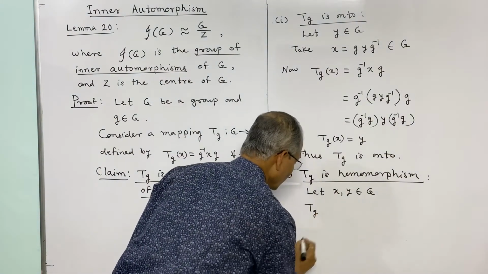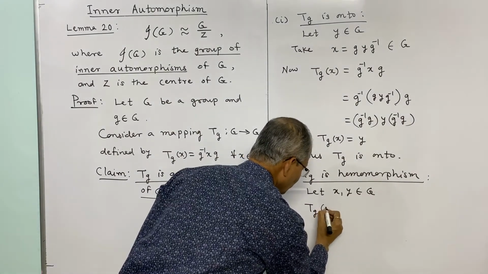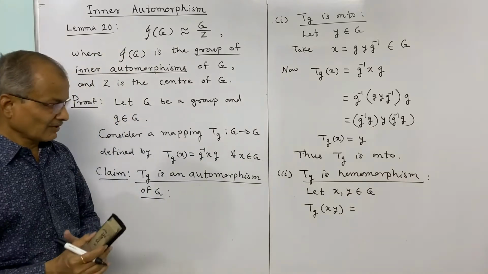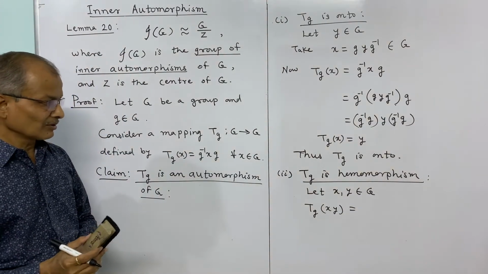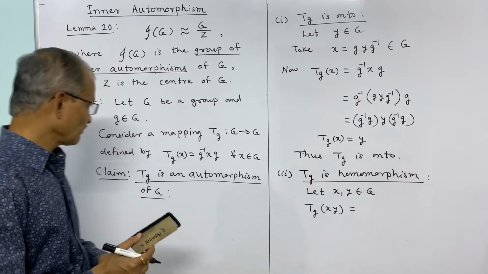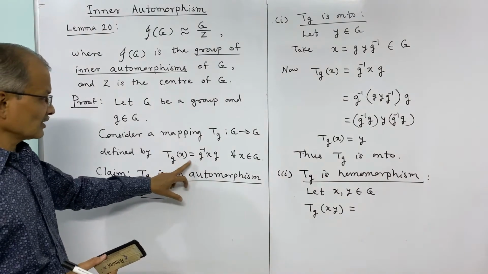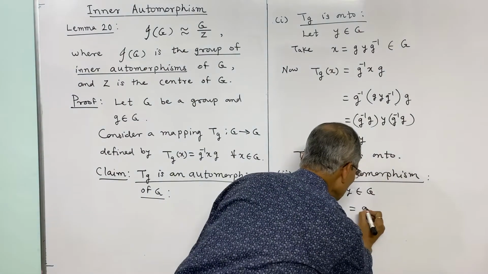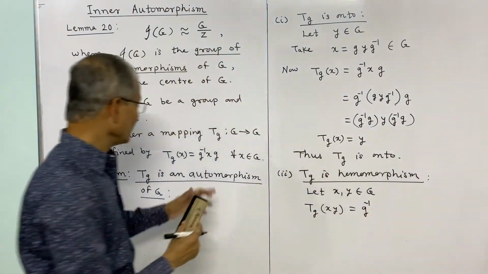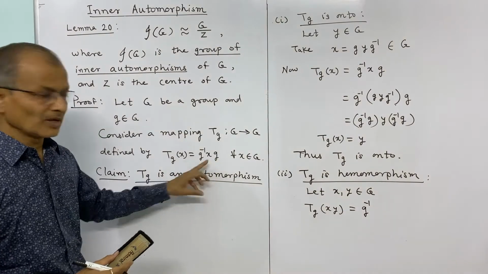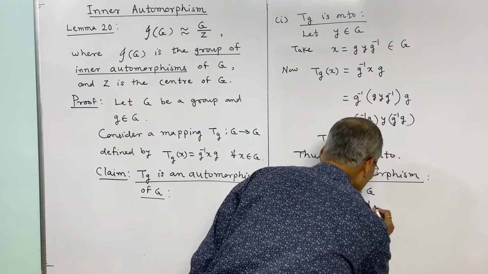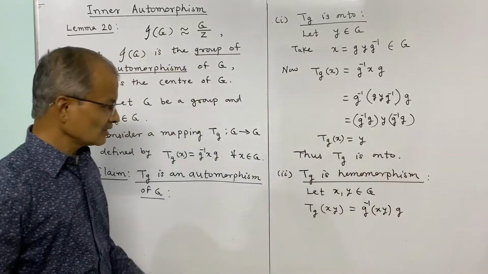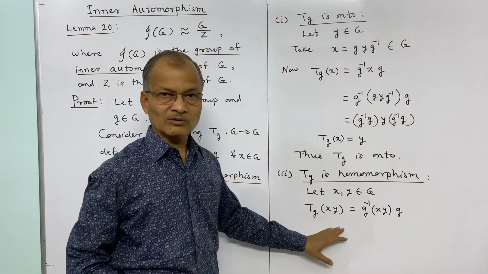Tg of xy is equal to, by the definition of Tg, g inverse xy g, placing this element between g inverse and g. And we want to show this is equal to Tg of x into Tg of y.